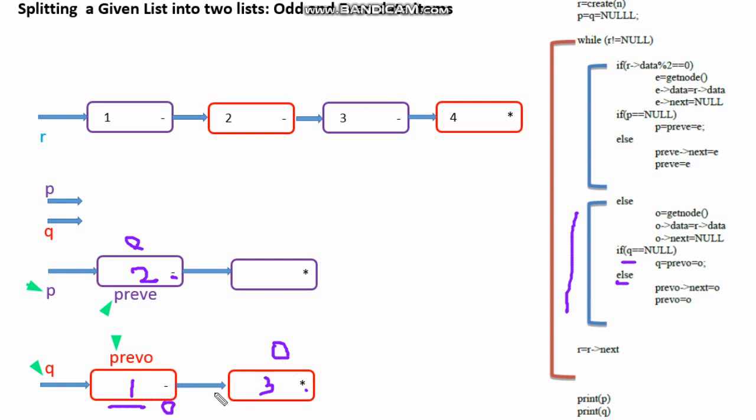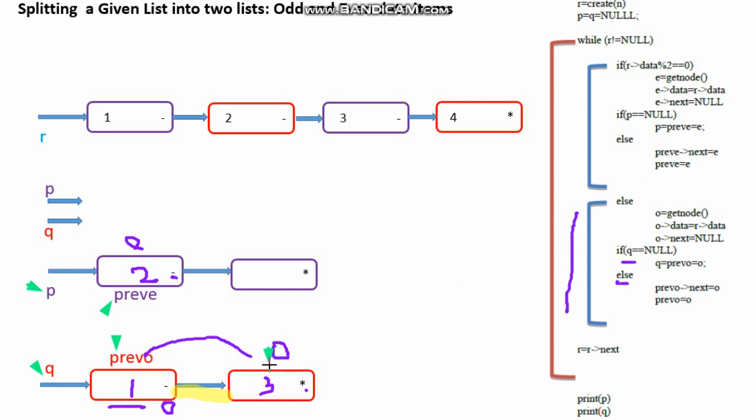So this is my current O, previous next is this, so this linking takes place. So previous O next, that is this linking takes place to O, previous next equal to O, and previous moves. After having done that, previous moves this side, so this becomes the previous now.